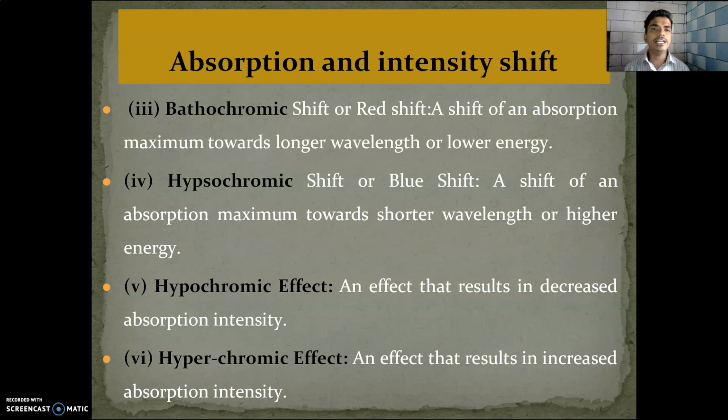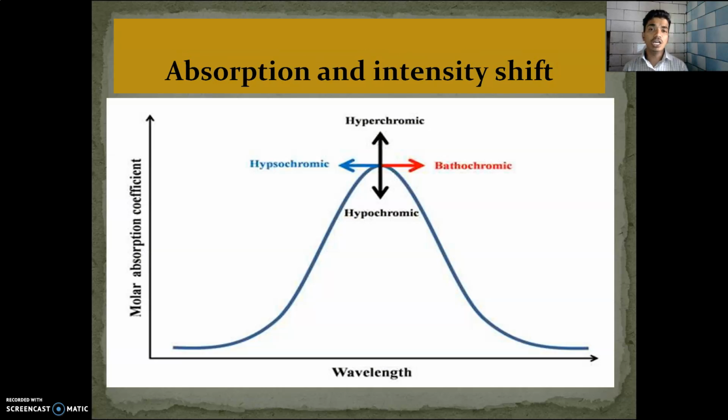Then absorption and intensity shifts: bathochromic shift, hypsochromic shift, hypochromic effect and hyperchromic effect. This diagram gives an idea about the shifting and intensity. This is the graph of wavelength versus molecular absorption coefficient, showing hypsochromic shift, hyperchromic shift, hypochromic shift and bathochromic shift.